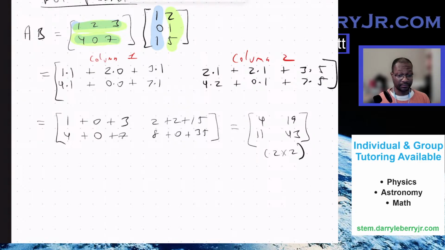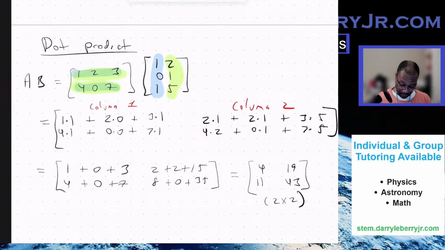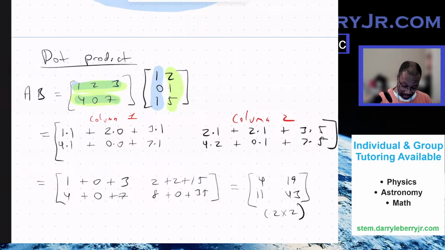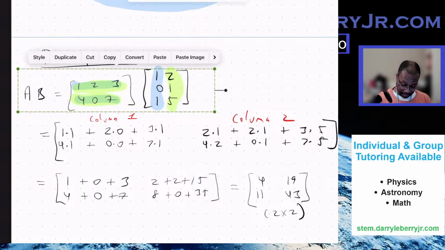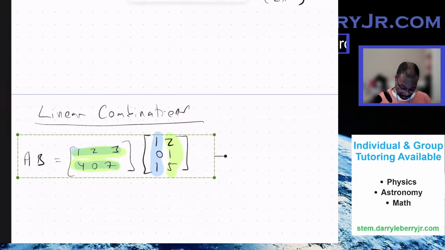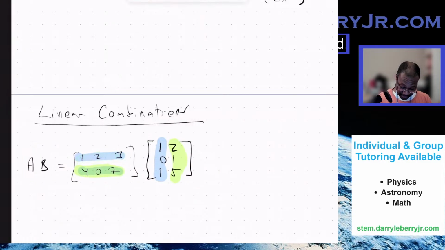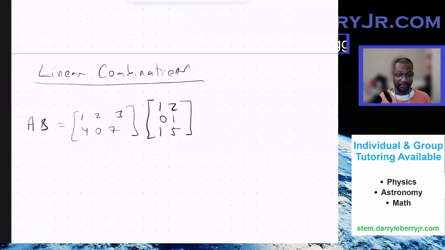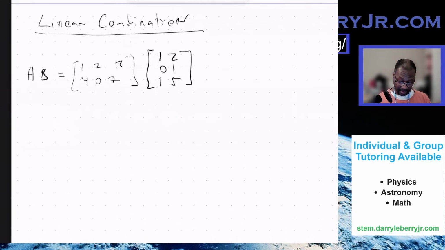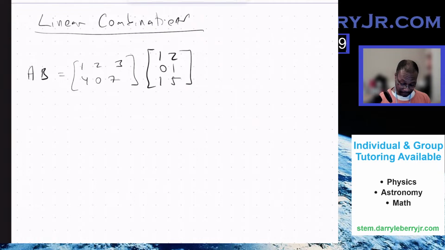So that's the first method. The second method will be linear combinations. So I'm going to copy this down. We use the same vectors, except this time we'll make linear combinations of column vectors.